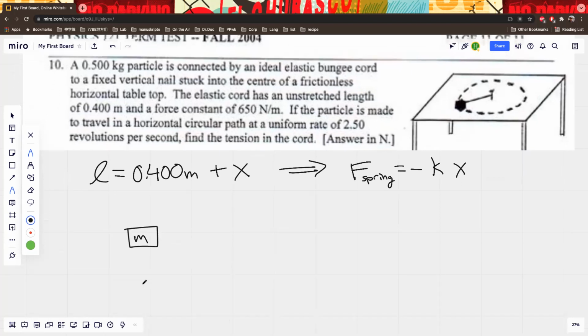There's centripetal force, so there's a force bringing it in to the circle. And what's causing that centripetal force? I guess the 2.5 revolutions per second that's moving it.